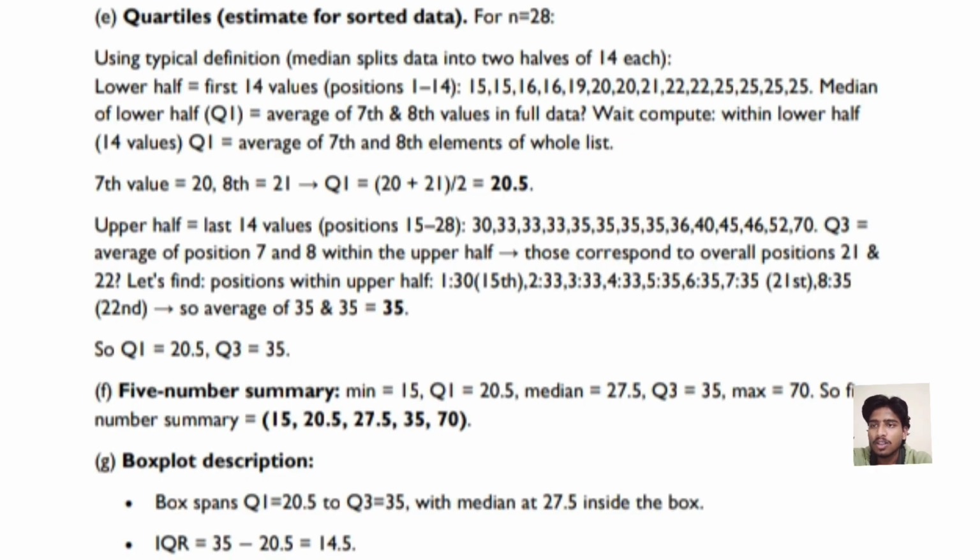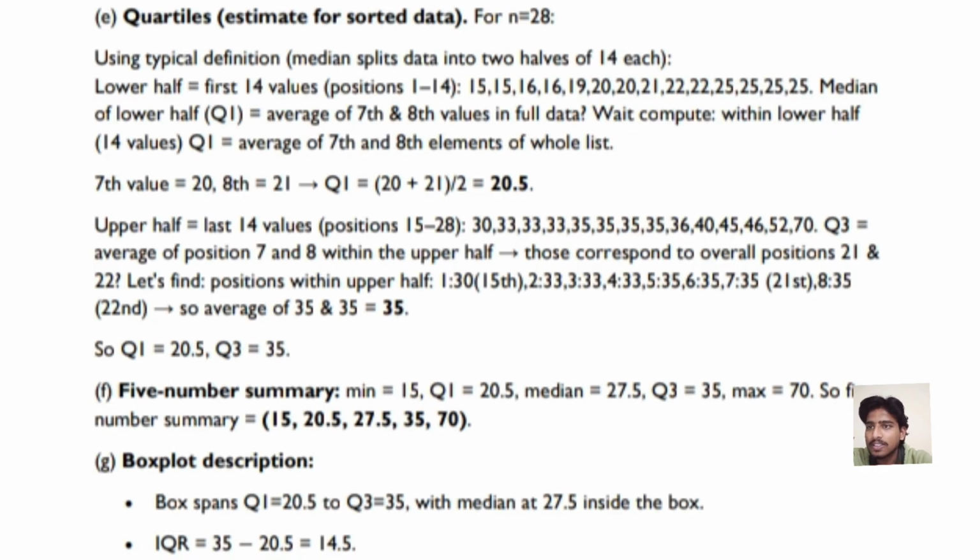The average of 35 and 35 is 35. So Q1 is 20.5 and Q3 is 35.